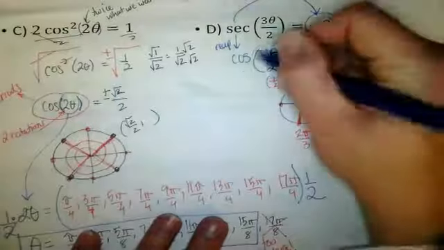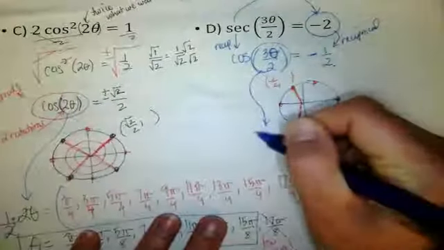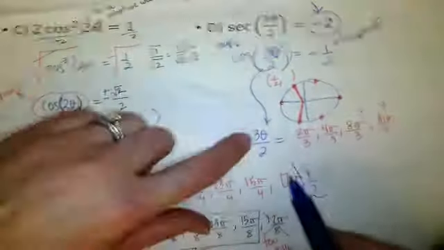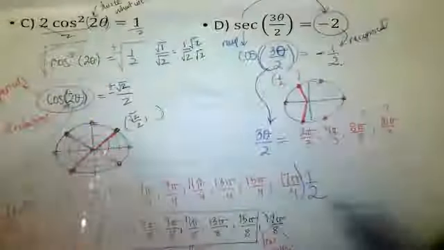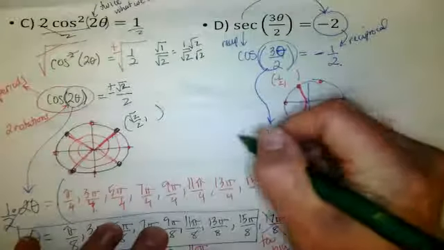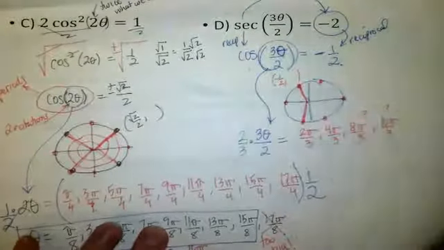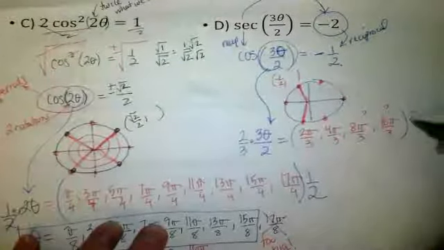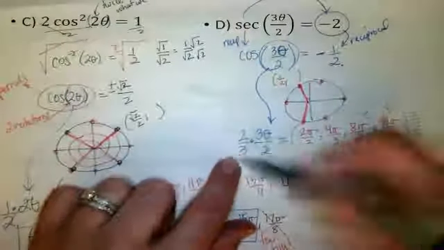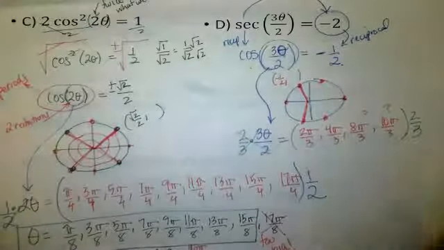So we were solving for this weird angle here, 3 theta over 2. I still need to get theta by itself. So what do we need to do? Multiply both sides by 2 over 3. Those will reduce, leaving theta by itself.